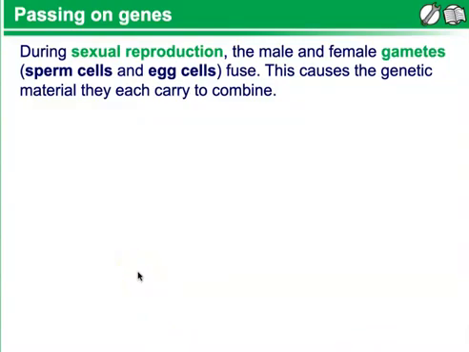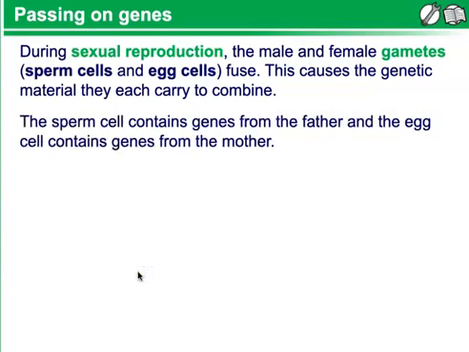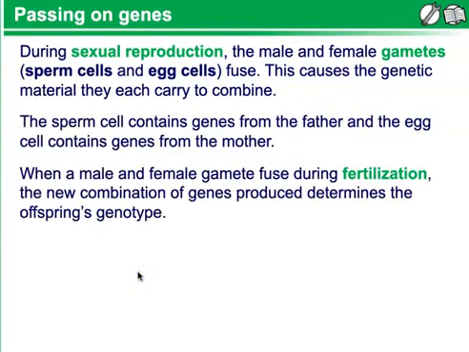Passing on genes. During sexual reproduction, the male and female gametes, the sperm cells and the egg cells, fuse. This causes the genetic material they each carry to combine. The sperm cell contains genes from the father, and the egg cell contains genes from the mother.